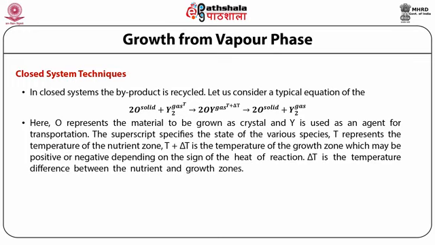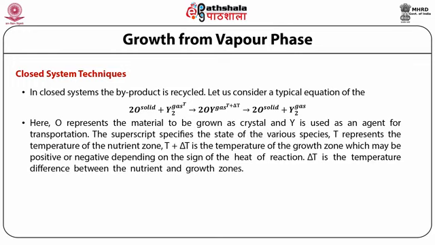The superscript specifies the state of the various species. Capital T represents the temperature of the nutrient zone. T + ΔT is the temperature of the growth zone, where ΔT may be positive or negative depending on the sign of the heat of reaction. ΔT is the temperature difference between the nutrient and growth zones.